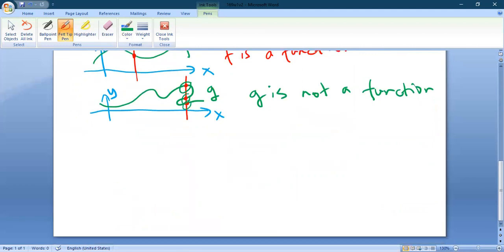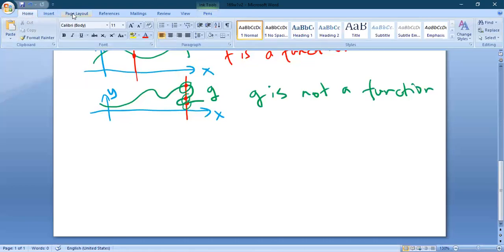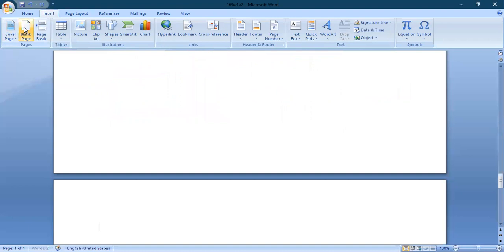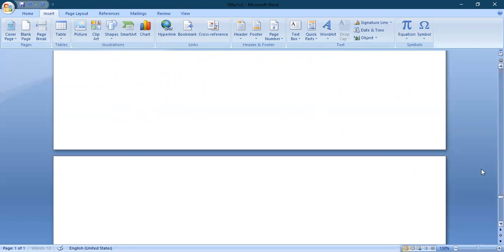And then the next thing is, let me add some pages first.